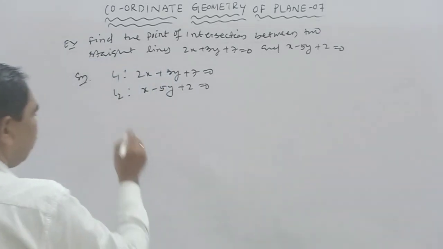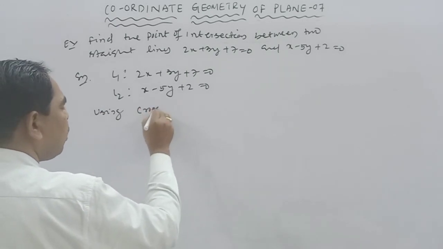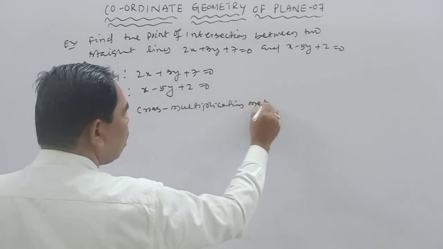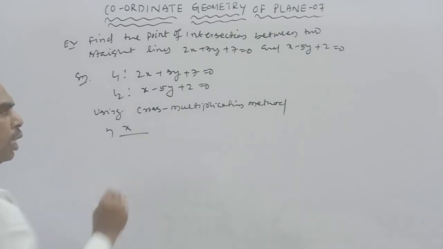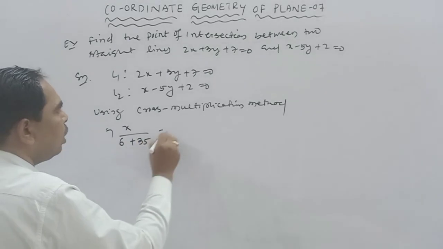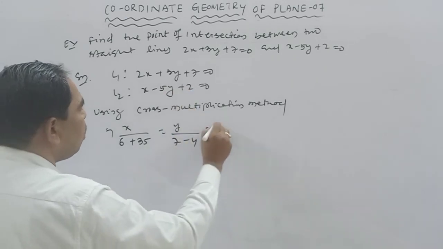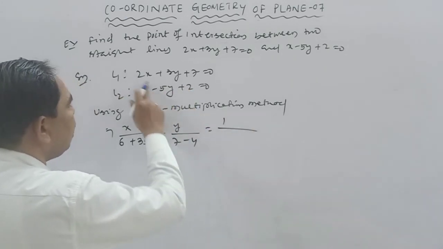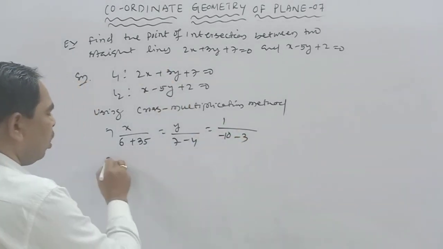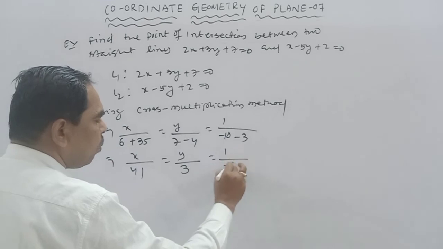So first, using the cross multiplication method, x divided by (b1 c2 minus c1 b2), which is 3 into 2 is 6 plus 35, is equal to y divided by (7 into 1 is 7 minus 4), is equal to 1 divided by (2 into minus 5 is minus 10, minus 3 into 1 is 3). So x divided by 41 is equal to y divided by 3 is equal to 1 divided by minus 13.